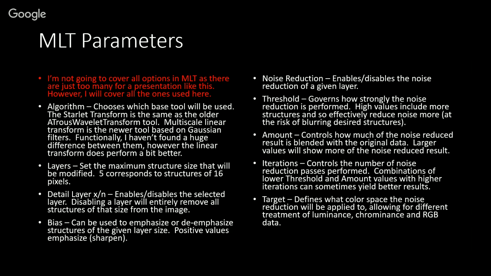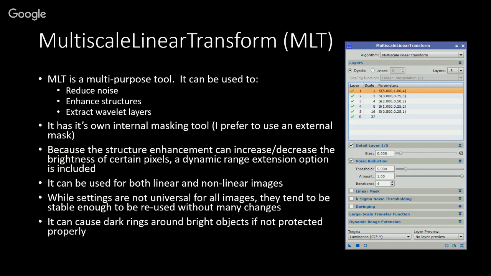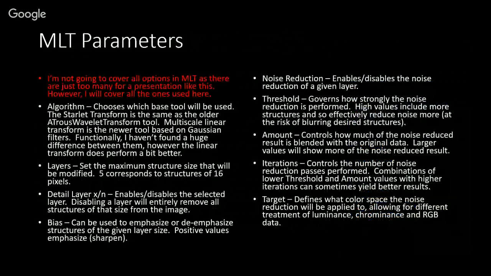I'll just go over a few of the base ones you'll be playing with here. You'll be using the layers quite a bit, and the detail layers and noise reduction stuff quite a bit. And you may be playing with the target a little bit as well. The layers just sets the maximum structure size that will be modified, right?